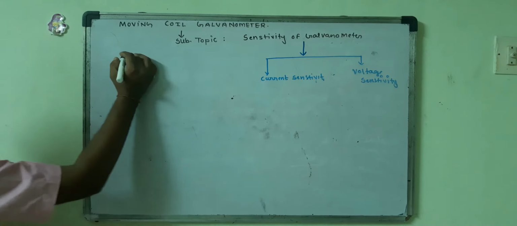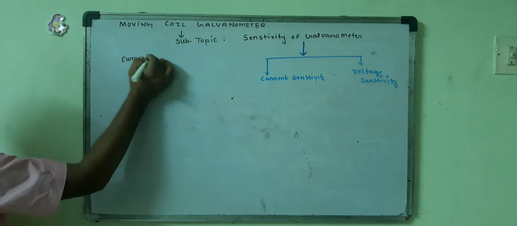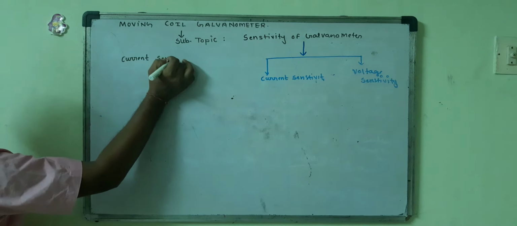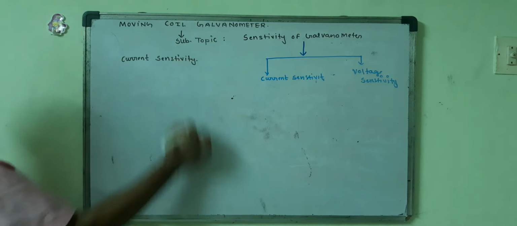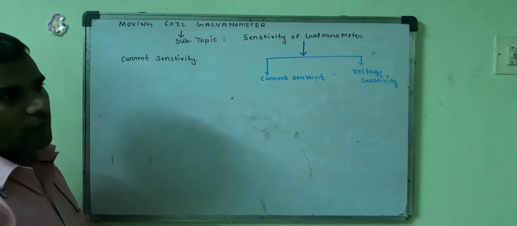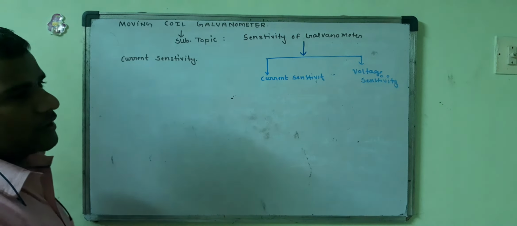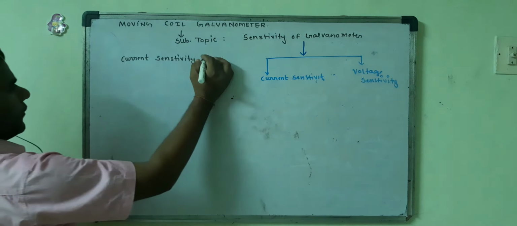So when you define current sensitivity, current sensitivity means how much deflection. When there is a flow of a small value of current, there is a huge deflection, and that we are defining as the current sensitivity of a galvanometer.